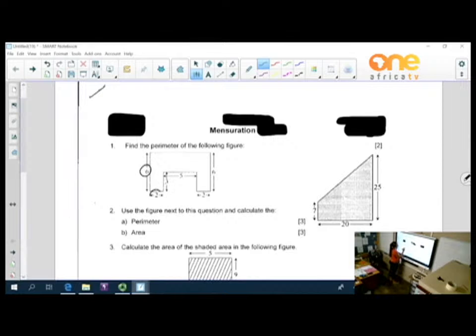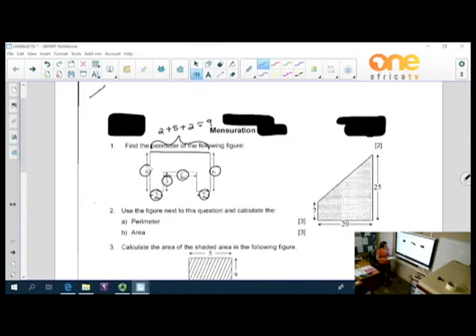So 6 plus 2 plus 3 plus 5 plus 2 plus 6. And then we need this side as well. But how do we get this side? We will have 2, 5 and 2. So 2 plus 5 plus 2 is equal to 9.